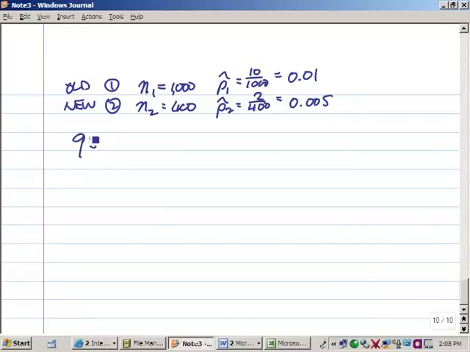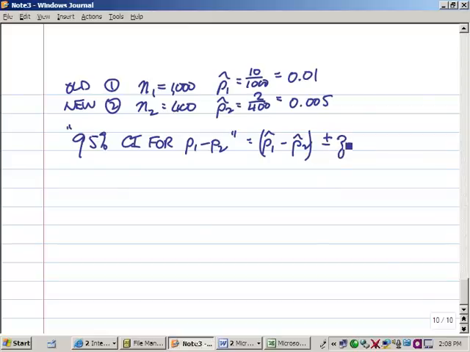Alright, the problem asks us for the 95% confidence interval for the true decrease, P1 minus P2. Formula for that is the sample decrease plus or minus the appropriate z value times the standard deviation, sigma hat, so p hat 1 minus p hat 2.